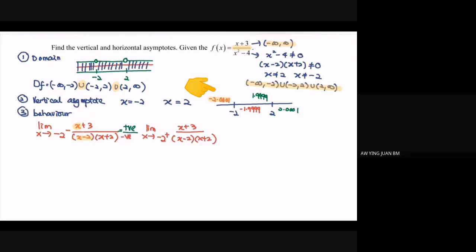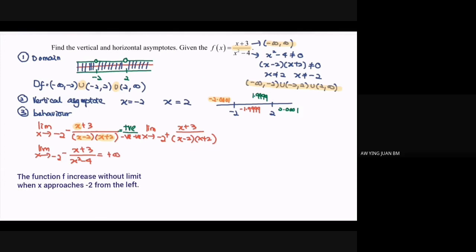Followed by, if we substitute into this part, again notice that -2.0001 plus 2, we will have another negative value. So finally, the limit when x approaches -2 from the left for the function x plus 3 over x squared minus 4 will be equal to positive infinity, meaning that the function f increases without limit when x approaches -2 from the left.